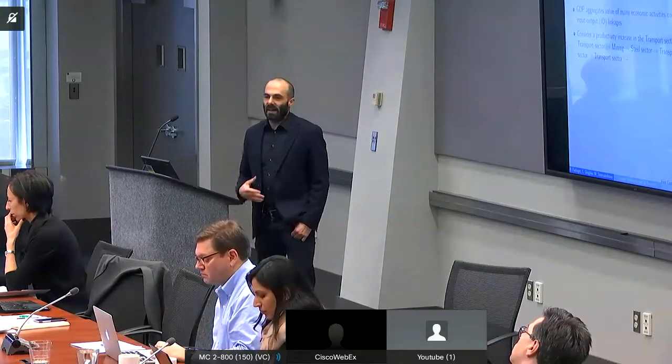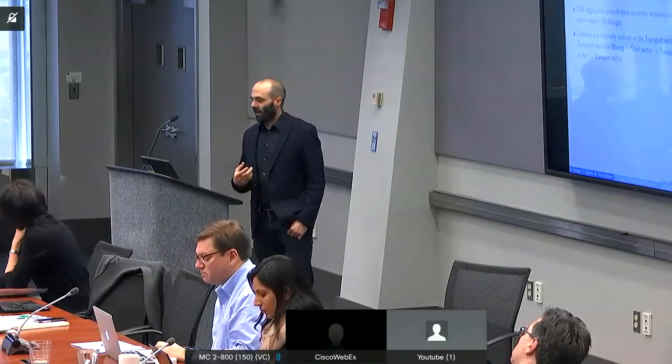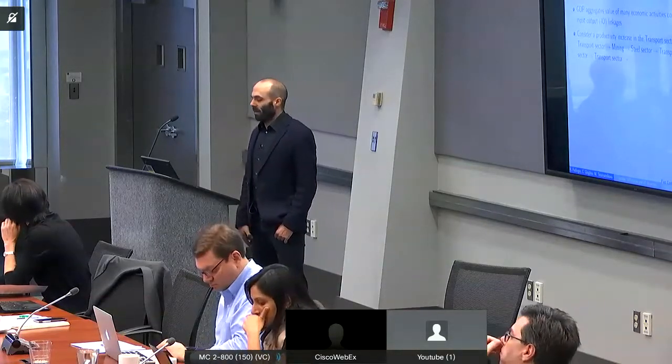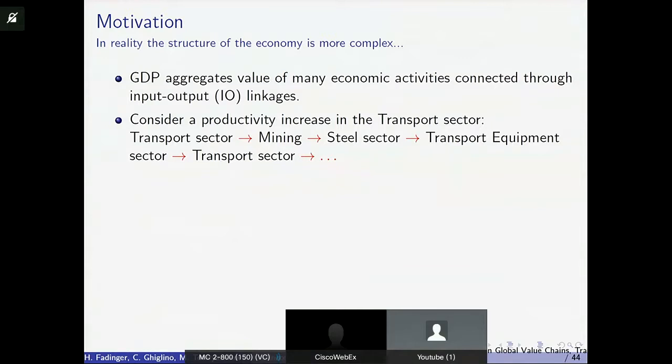For example, mining uses transport as an input, and therefore a productivity increase in transport will reduce the price of this input and lead to an increase in output of the mining sector. That will have repercussions on the steel sector, which uses mining as an input, which will also experience an output increase. Steel is an input for transport equipment, which in turn is an input for the transport sector. So this is going to have second round effects and higher order effects as well.